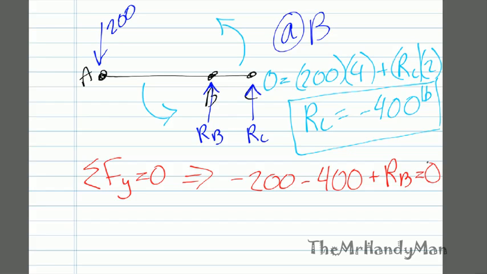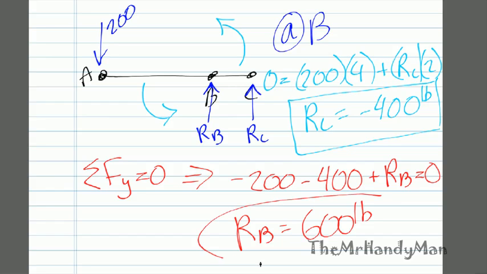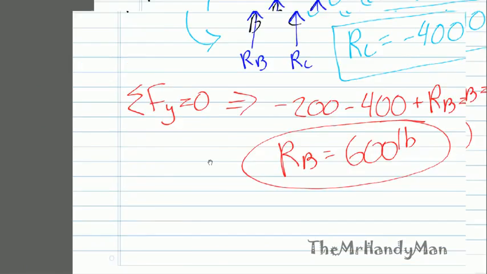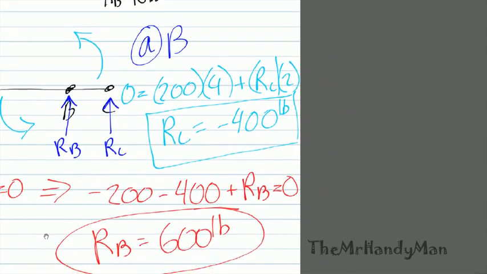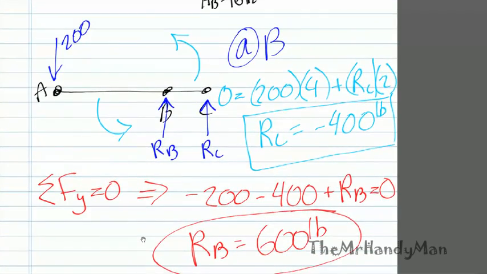Calculating that out, you can find that RB is 600 pounds. So we have RC, the reaction at C, is negative 400, and RB is 600.